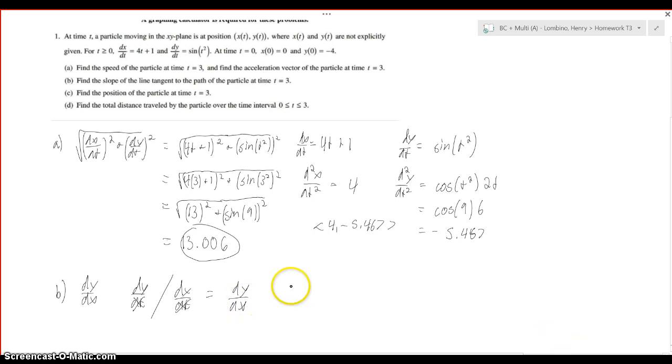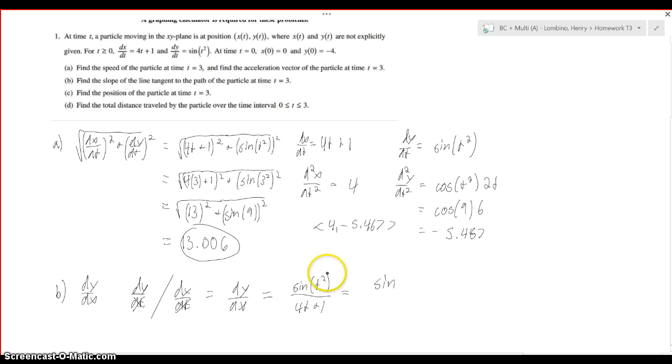So we have the equations for dy/dx. So we're going to have sine of t squared over 4t plus 1. And then we're going to plug in 3.